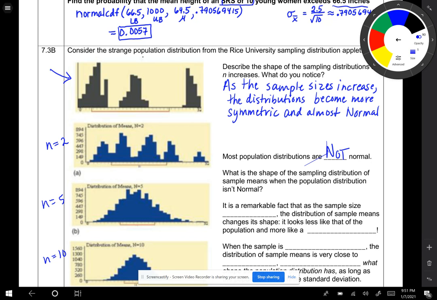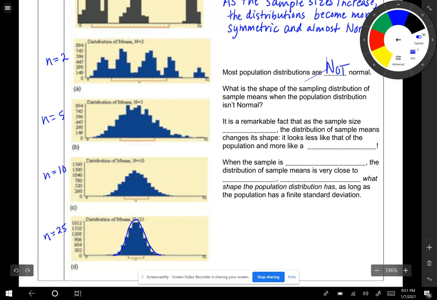What is the shape of the sampling distribution of sample means when the population distribution isn't normal? It is a remarkable fact that as the sample size increases, the distribution of sample means changes its shape. It looks less like that of the population and more like a normal distribution.